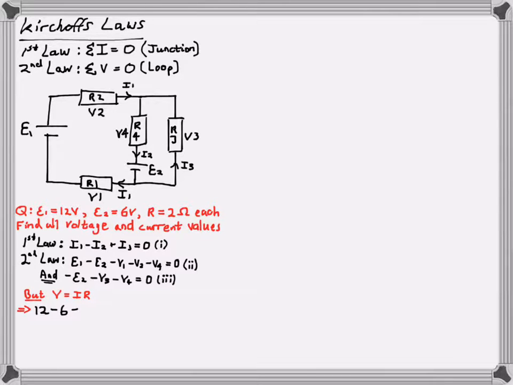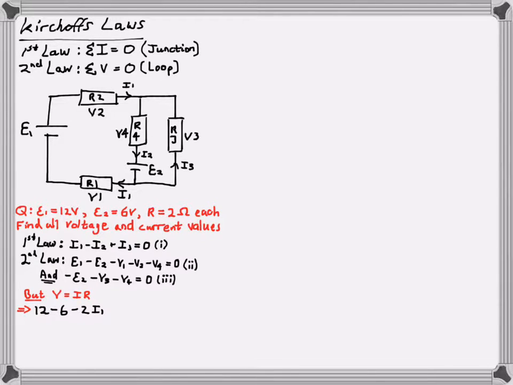And then I'm going to say minus, but instead of V1, if I look, where's V1? It's down here. From V is equal to I times R, I can say V1 is equal to I1 times R1. Okay? I don't know what I1 is, but I know that R1 is 2, because that's the value that it was assigned in the question. So instead of saying V1, I can say 2, which is my R value, times I1.